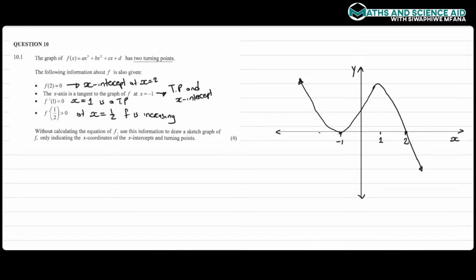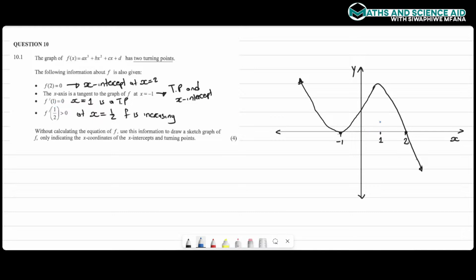That's what we have here, you see. Let me even use a different color. You see that the x-axis forms a tangent line to f at x equals -1. And as I said, this basically means that x equals -1 is not only a turning point, but it's also an x-intercept. So that checks out.